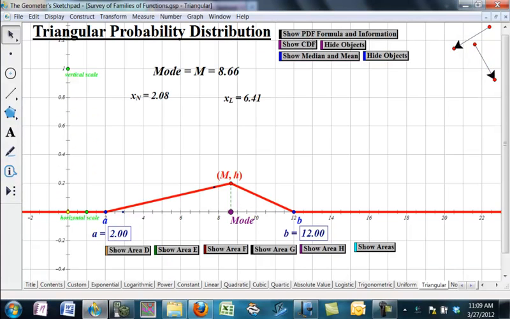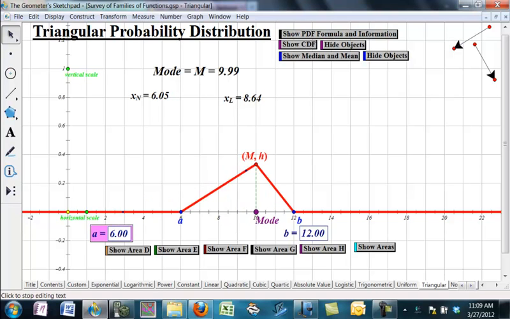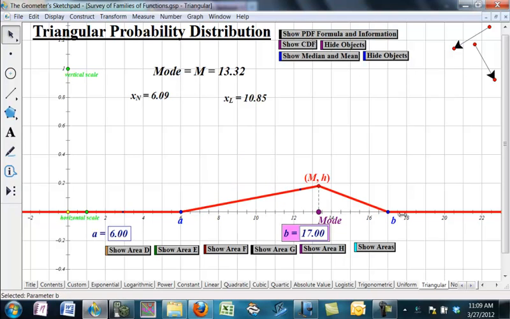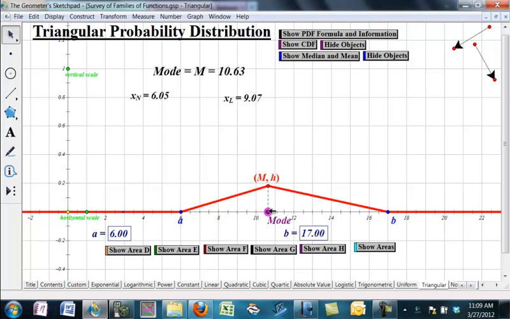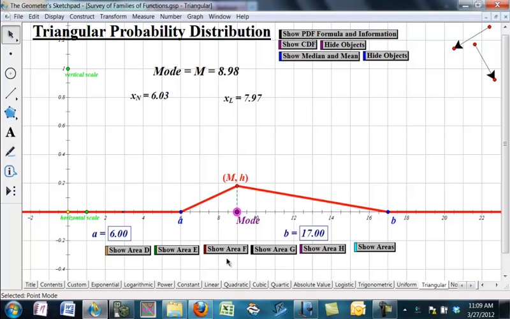So we can start the A at 6, and so to the left of 6 we see that it's 0, and this should be 17, so to the right of 17 it is 0, and the mode occurs right at 9. Let's see if I can get it. That looks like as close as I'm going to get to 9 there. 9. And so this is what the graph looks like.